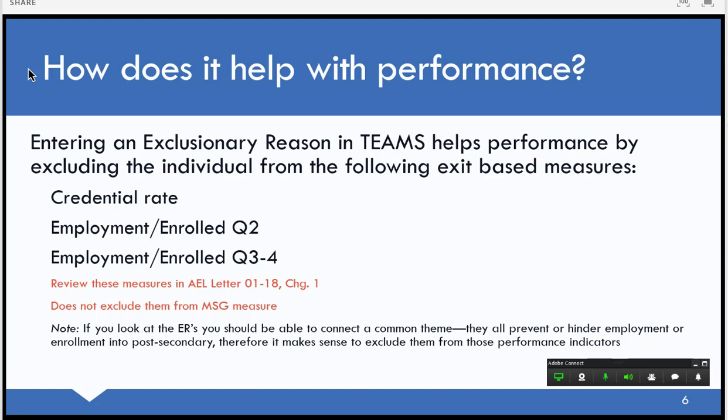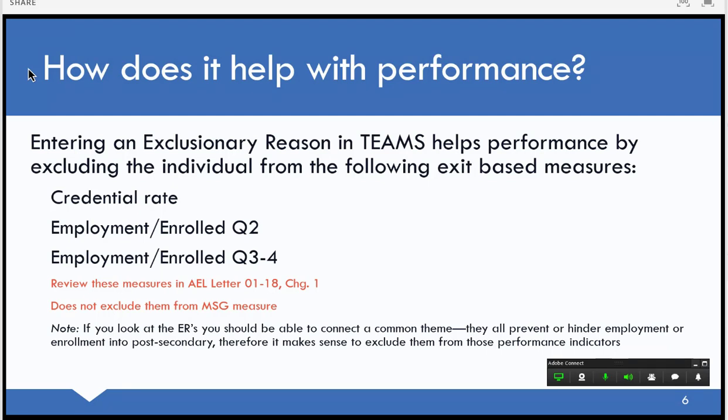So it's a very important aspect and gives you an opportunity to have some influence over your performance if you utilize this correctly. Because basically what it does is it takes those exiters, and if you have identified that one of these exiters has an exclusionary reason for why they can't go to work and why they can't be enrolled in post-secondary education, you're going to remove them from the denominator altogether.